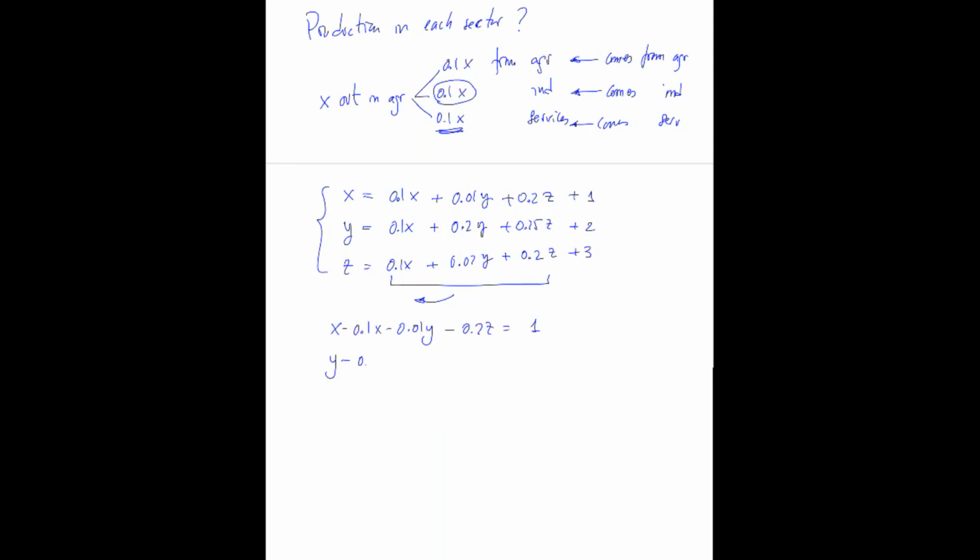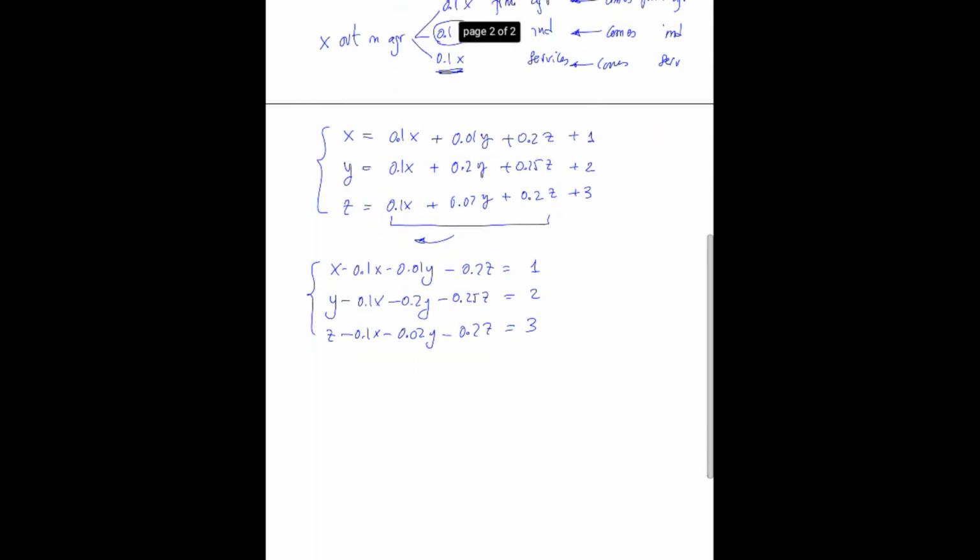Then y minus 0.1x, and so on. This is very boring. You should do it yourself while I'm doing it in the video. Sorry, and on top of that I made a mistake. Here z minus 0.1x minus 0.02y minus 0.2z equals 3 million.